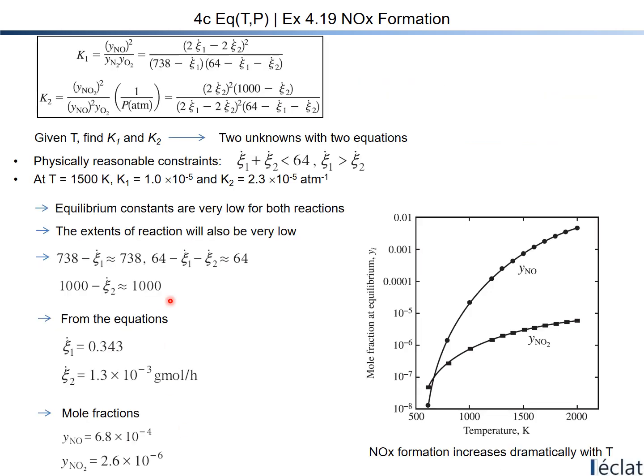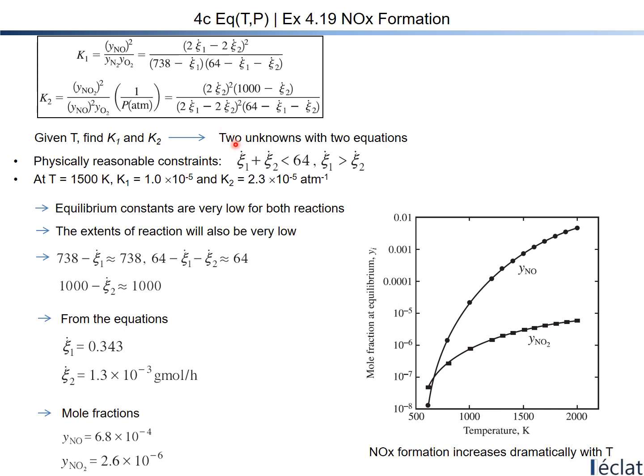At a given temperature, we know the values of K1 and K2 from the temperature function. Then you can solve for Xi1 and Xi2. After obtaining their values, you can calculate all variables for the exit stream of this process. One more thing: you should think about physically reasonable constraints on the values of Xi1 and Xi2.